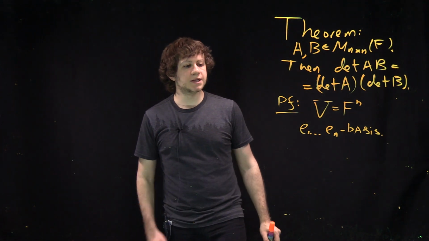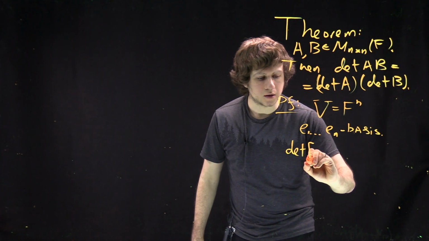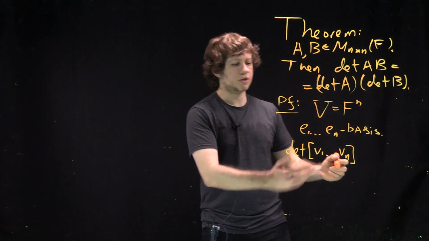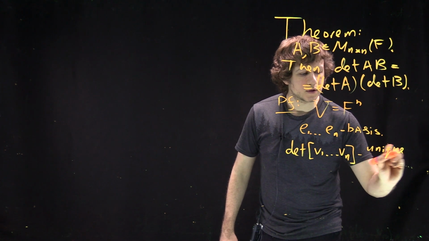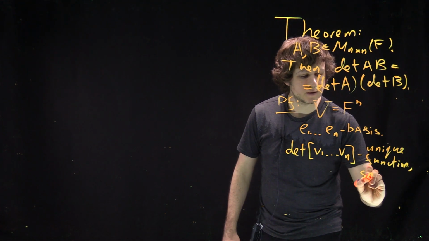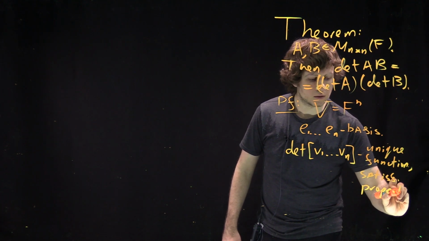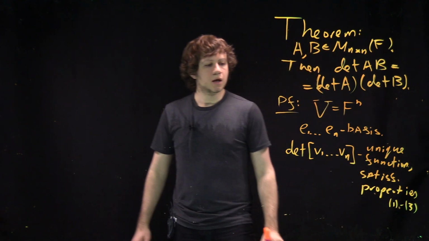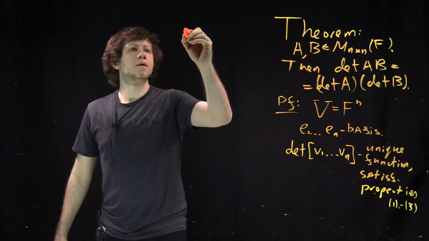Then we know that the determinant of vectors v1 up to vn is the unique function satisfying properties 1 up to 3 from the previous theorem. But now let me construct another function like that.